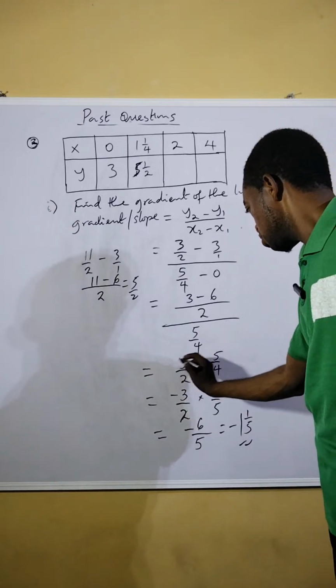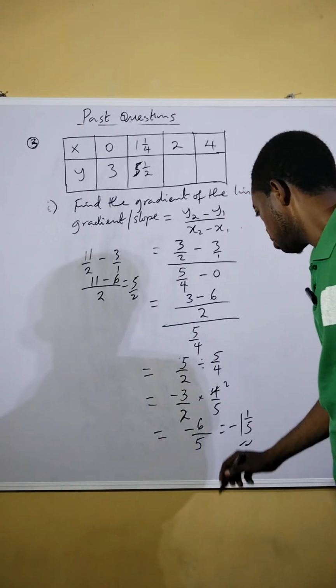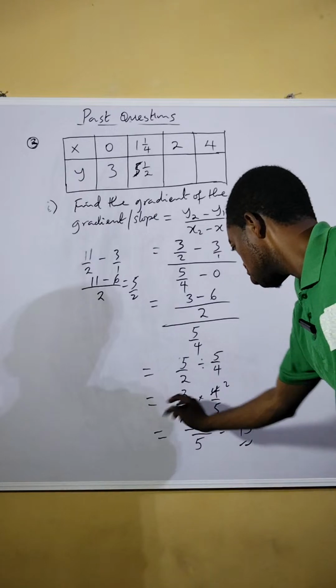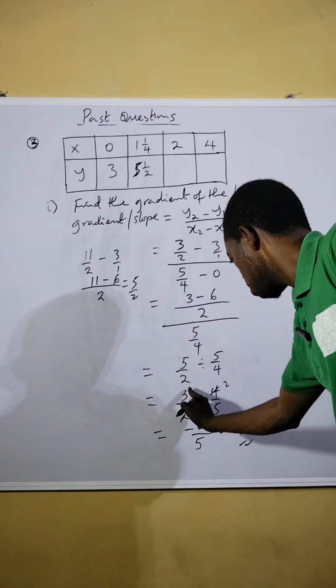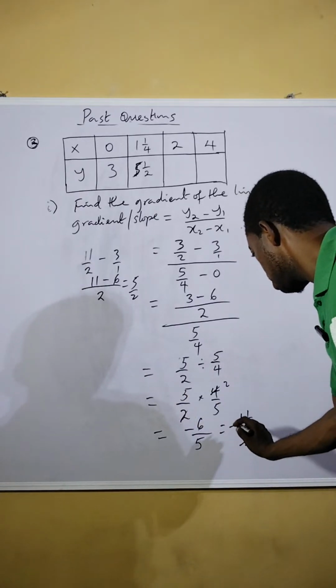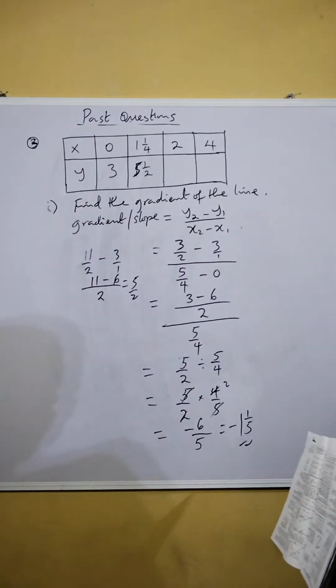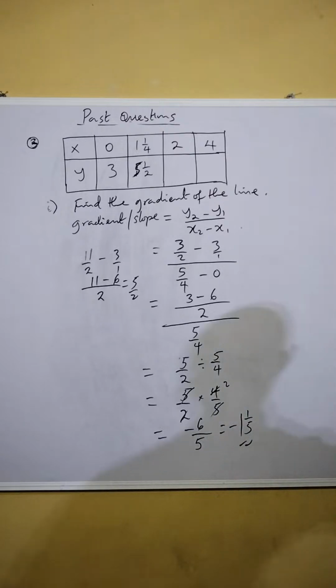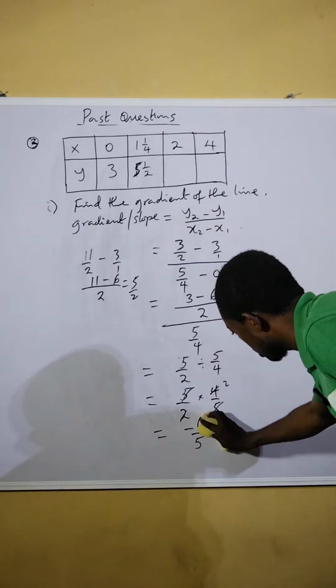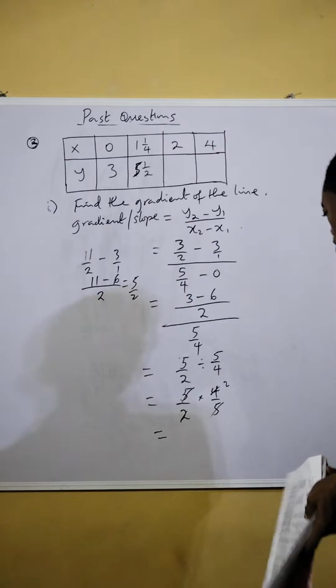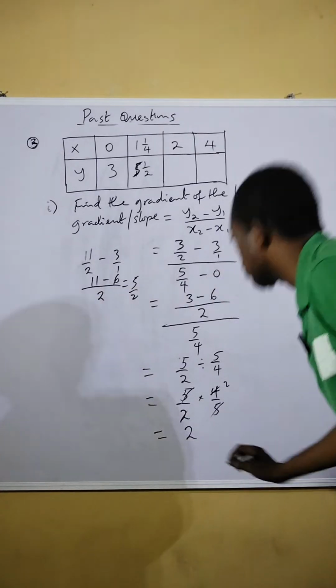If this is 5 over 2, then this turns to multiplication. The 5s cancel each other, and therefore the gradient here is 2. So what is left up here is now 2, and we have the gradient to be 2.